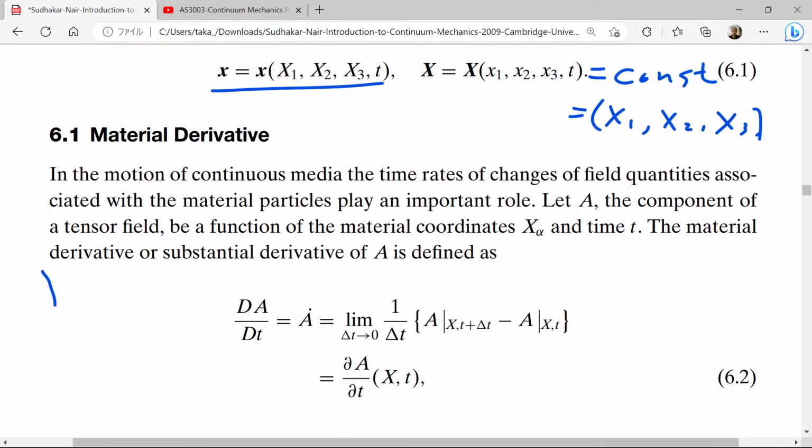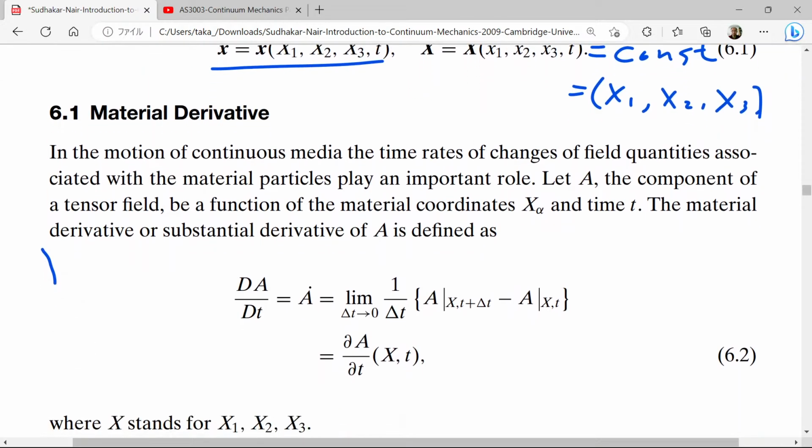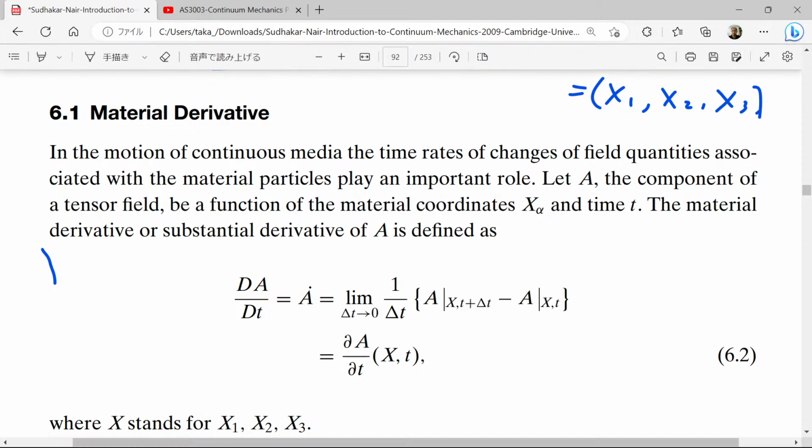Material derivative. In the motion of continuous media, the time rates of changes of field quantities associated with the material particles play an important role.